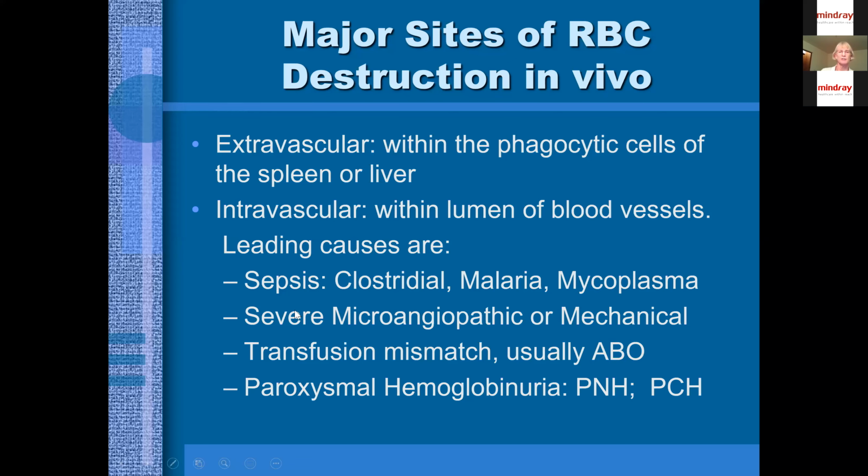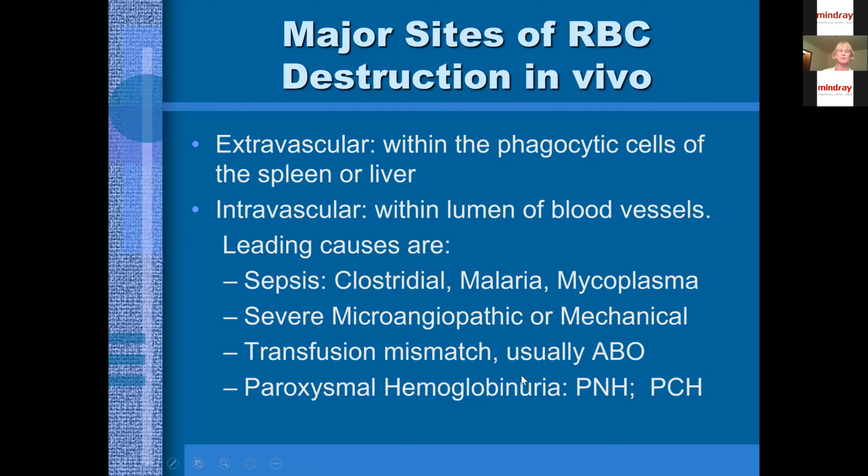The leading causes of intravascular hemolysis are sepsis, and here you have malaria again, severe microangiopathic or mechanical hemolysis, where the blood is being destroyed by going through fibrin strands, or occasionally, hopefully rarely in this day and age, transfusion mismatches.